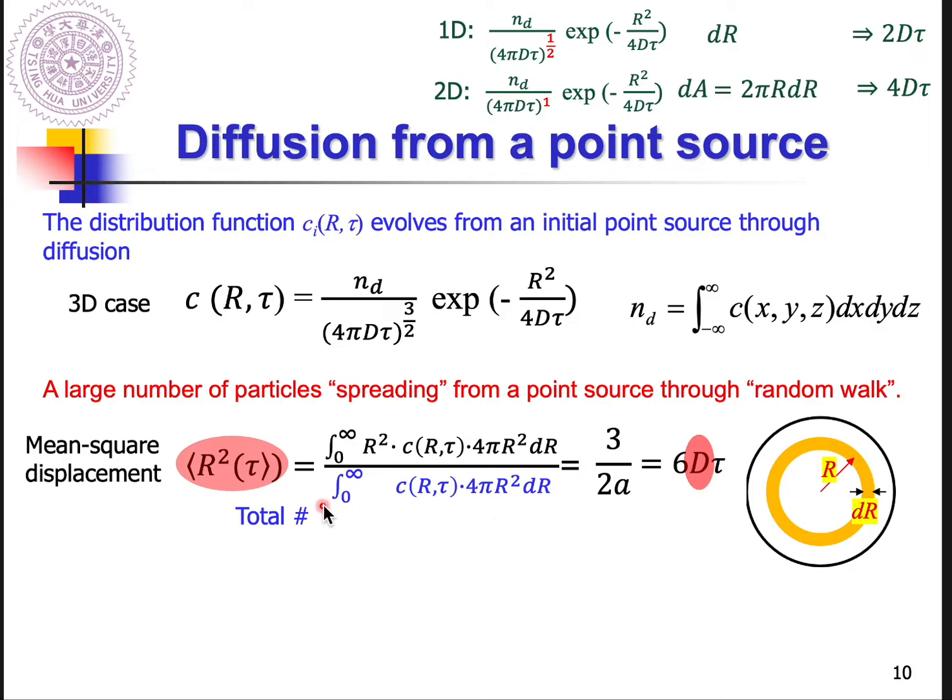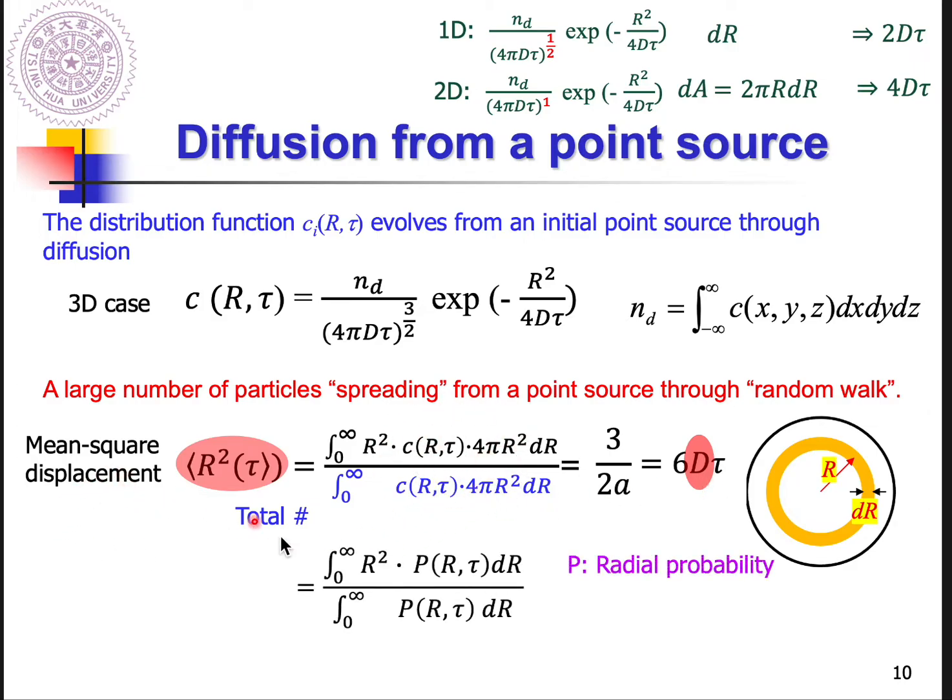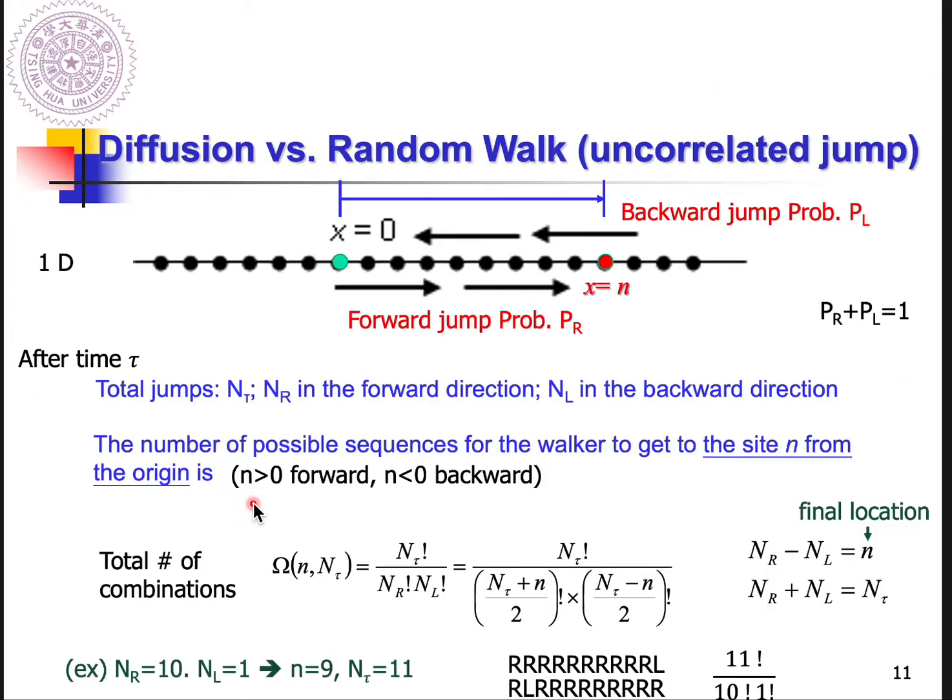This is how we successfully got the mean square displacement expressed as 6D tau, from the concentration point of view. But we can also get the mean square displacement from the radial probability point of view, right? As long as we get the radial probability as a function of r and tau, you substitute this term, then you can also get the mean square displacement.